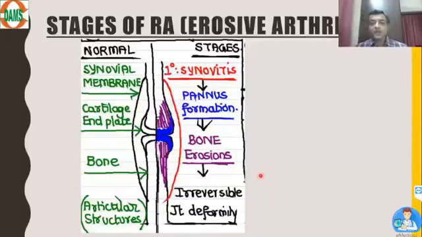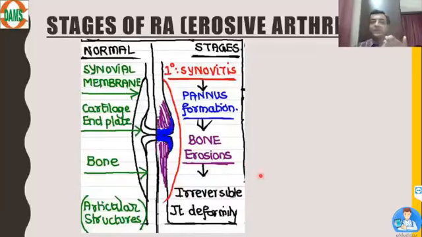Okay, so keep our proforma. That's why on the first day I told you to focus first on the proforma. For every disease that we are learning: RA is the most common cause of inflammatory polyarthritis, which affects young to middle-aged females. Family history is not common.